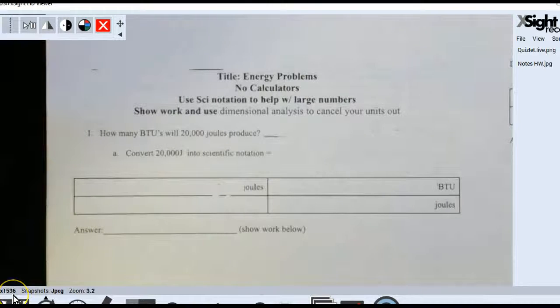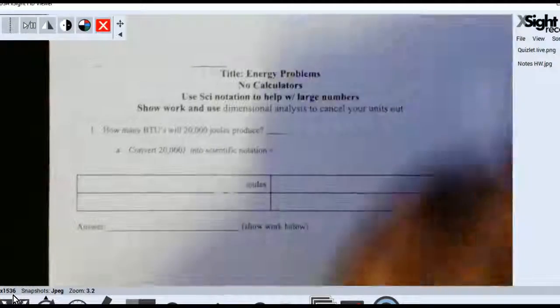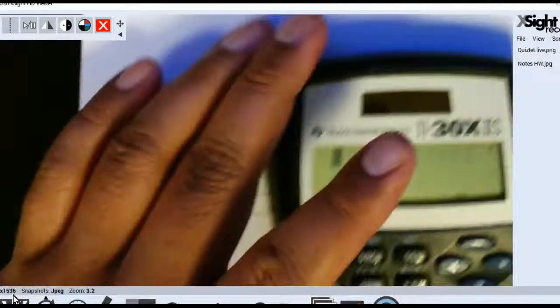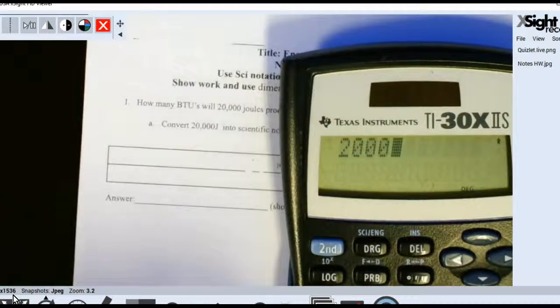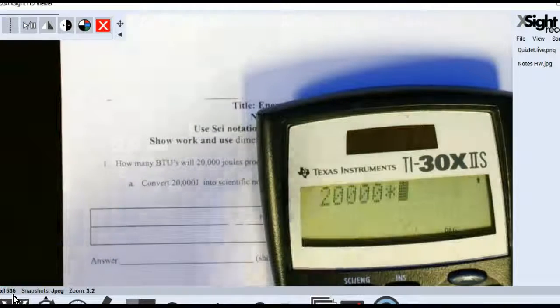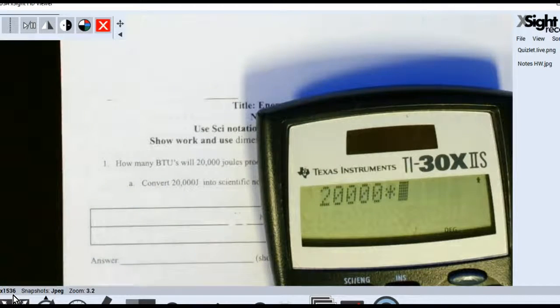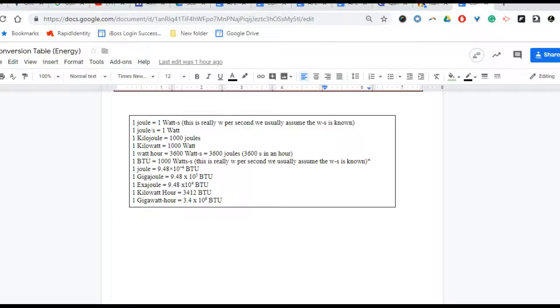Okay, so here we have 20,000 joules, and we want to figure out how many BTUs, or British thermal units, that is going to produce. So let's just run this on a calculator really quick. So we have 20,000, and you want to multiply it by the number of BTUs that 1 joule produces. So let's hop back over to our conversion chart.